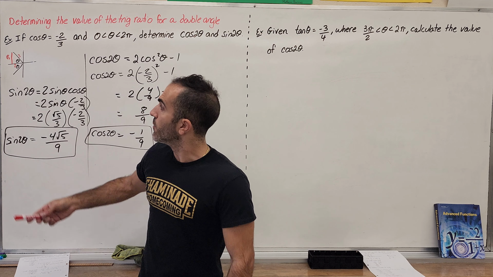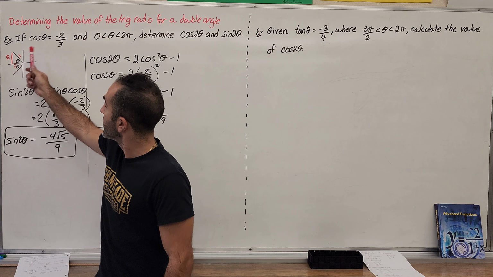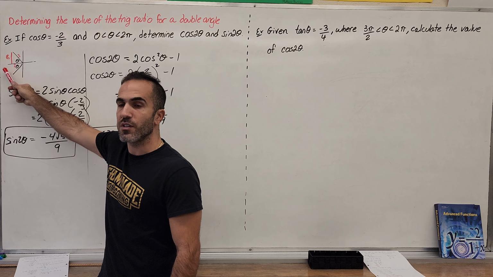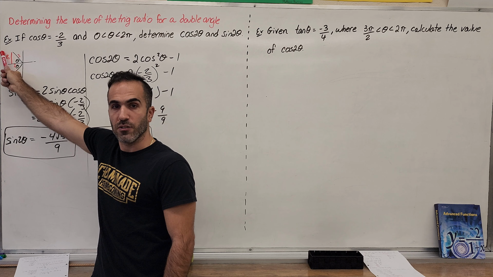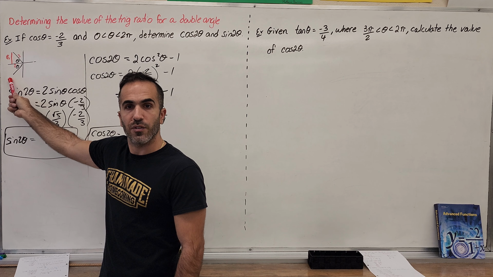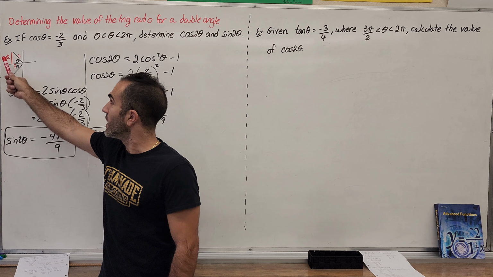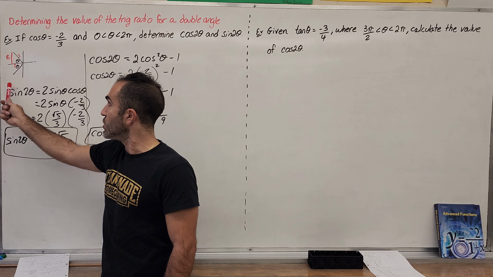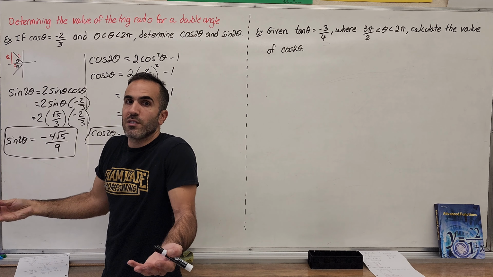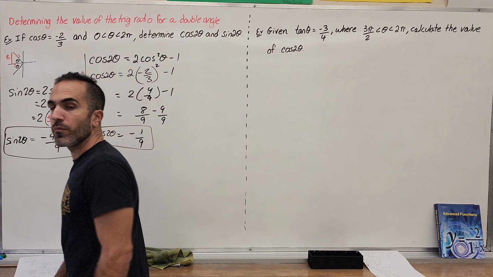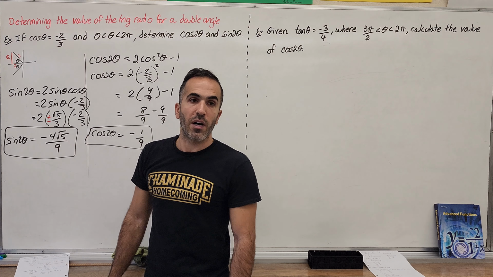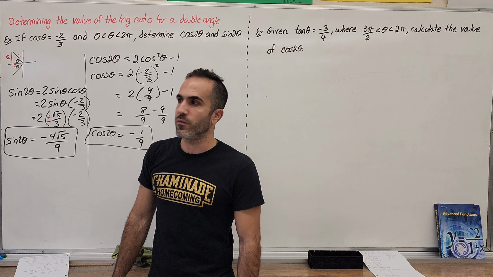The reason is, because cos is negative in both these quadrants, if we're finding sine, there are 2 possible answers: positive and negative. However you want to think of it, you can think of the root 5 being positive and negative, or you can just think that one of my sine ratios has to be positive and one has to be negative. So I'm going to do this twice, once with a positive root 5 over 3, once with a negative root 5 over 3.